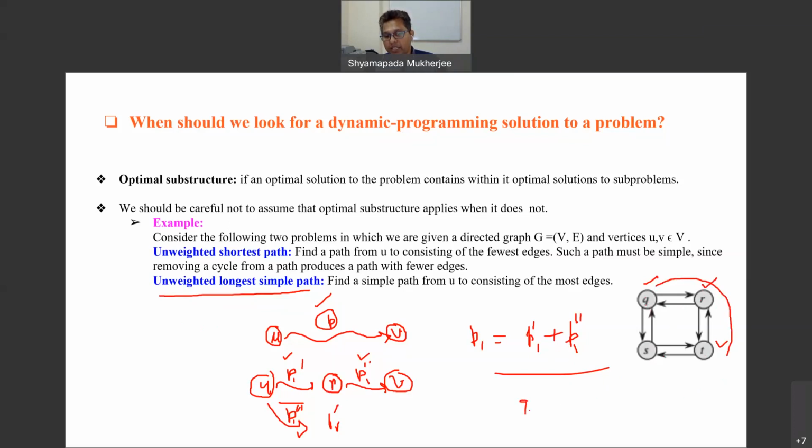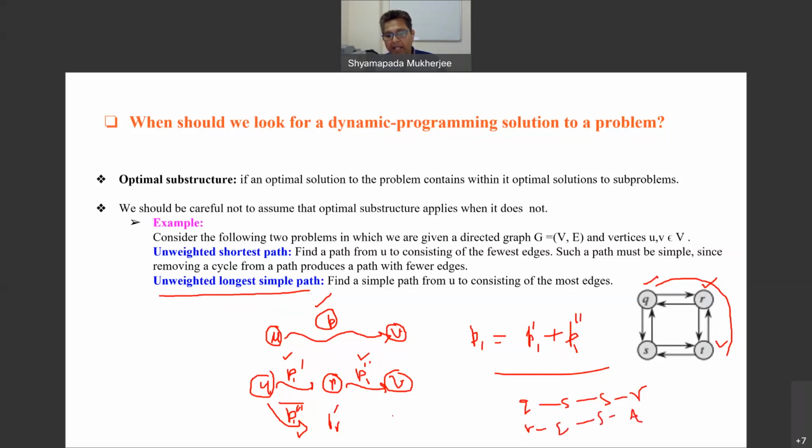If we see here Q to R, the longest path is Q, then S, then T, then R. This is the longest path. And R to T, the longest path is R to Q to S, then T.